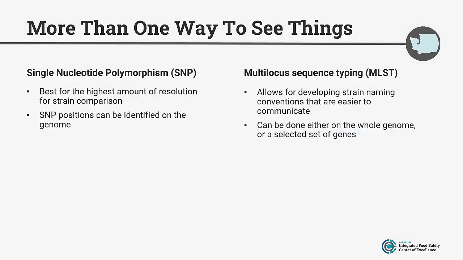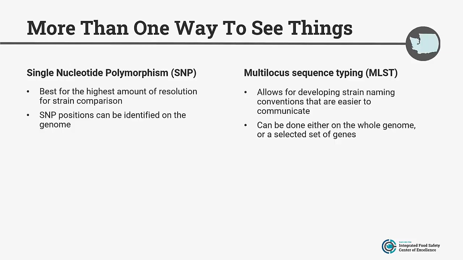So once you actually get your genome put together, there are a couple different ways that you can look at the data. One that you may have heard of is single nucleotide polymorphism, or SNP. This is good for a high amount of resolution for strain comparison, and you can identify where exactly along the genome those SNPs are.